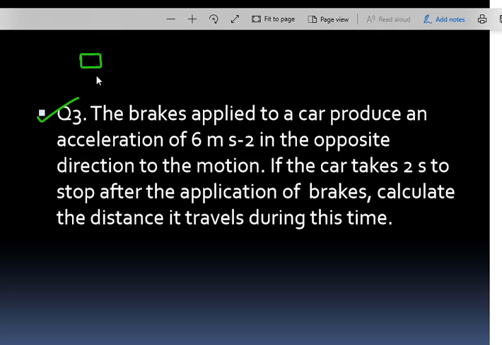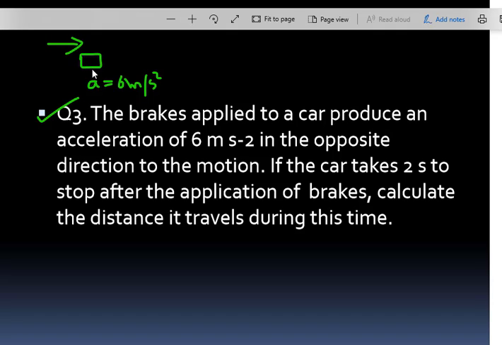The car was moving with an acceleration of 6 meter per second square. The car was moving in this direction. Okay.